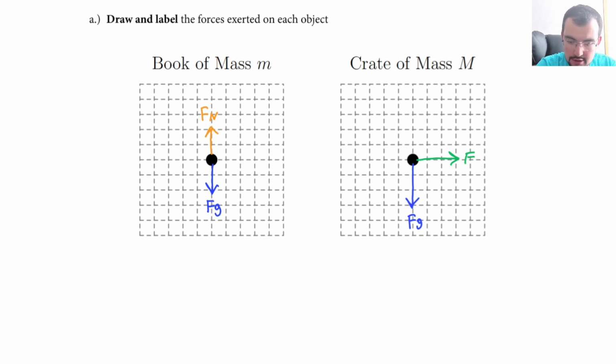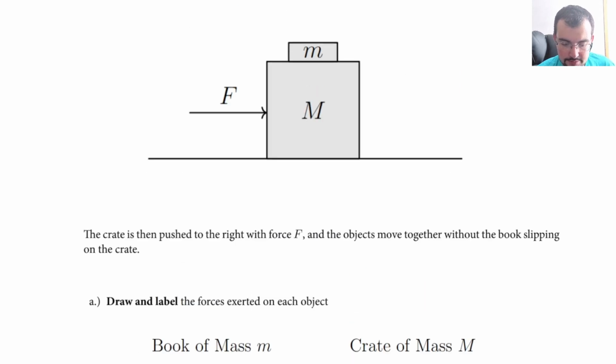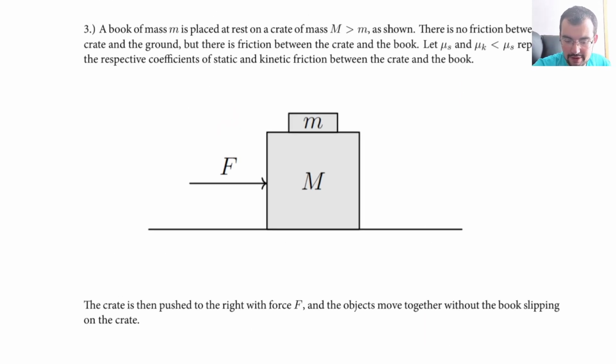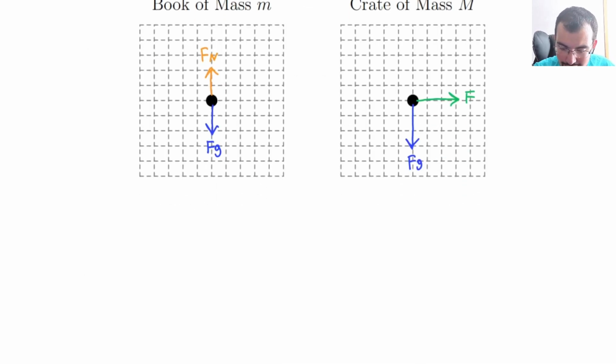And now we have to start considering the intermediate forces between the objects. So first of all, the fact that these two crates are touching means, yes, there is a normal force on this book, but it is from the crate. And Newton's third law says that there's always a pair. So if the book is getting pushed up by the crate, the crate is getting pushed down by the book.